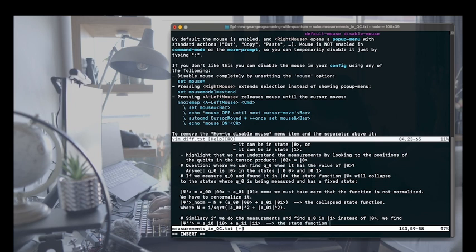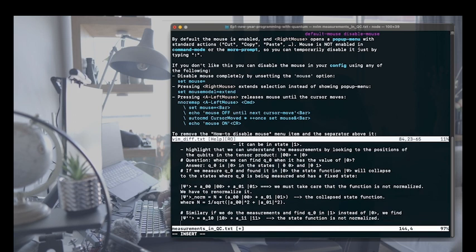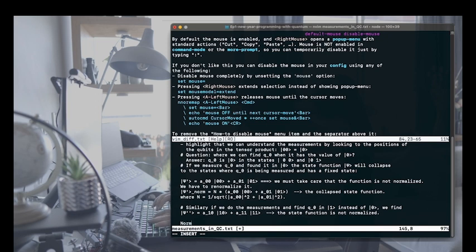And in this state, only the terms where the first qubit Q0 has a fixed state, which is ket 1, will be the surviving ones, and these will be the terms of the newly collapsed state function. Of course, it is not normalized, so we have to renormalize it using the constant n.